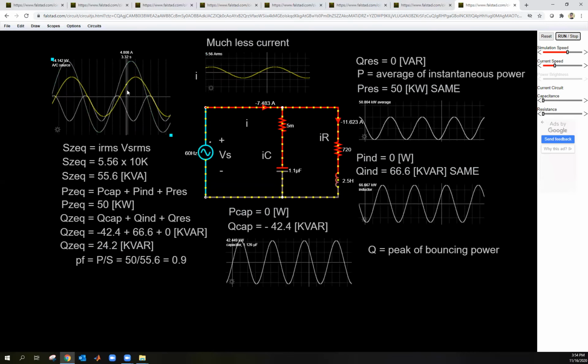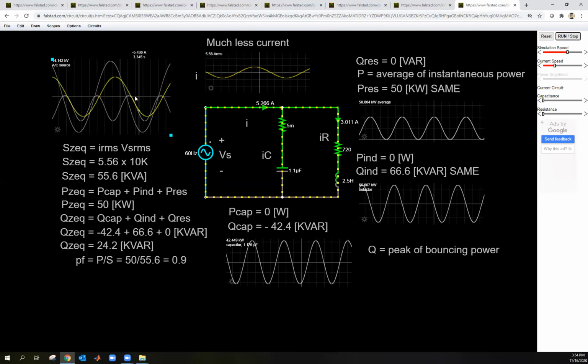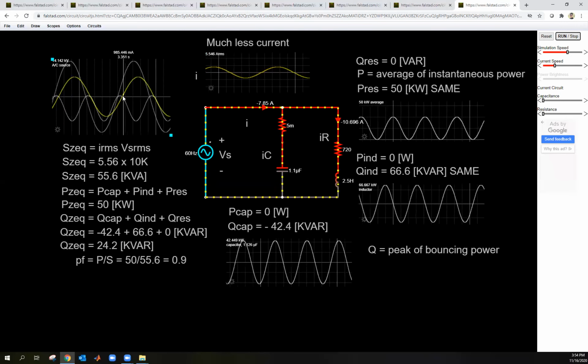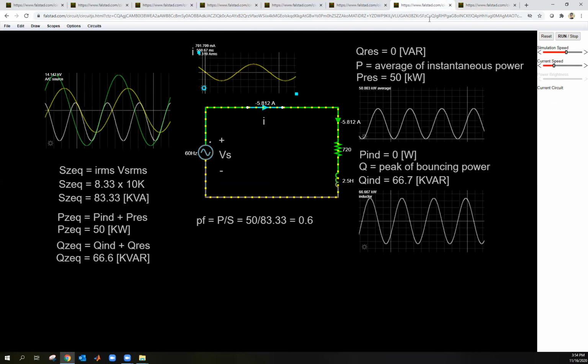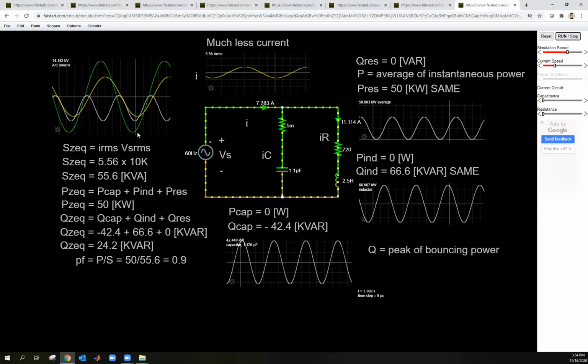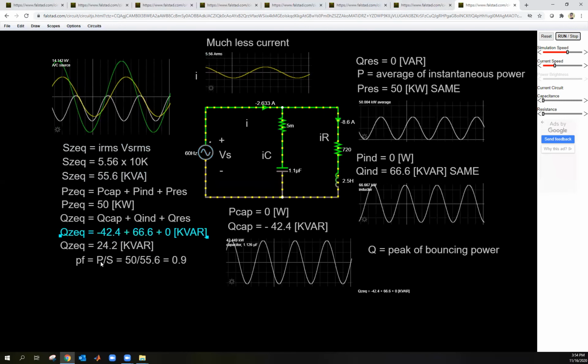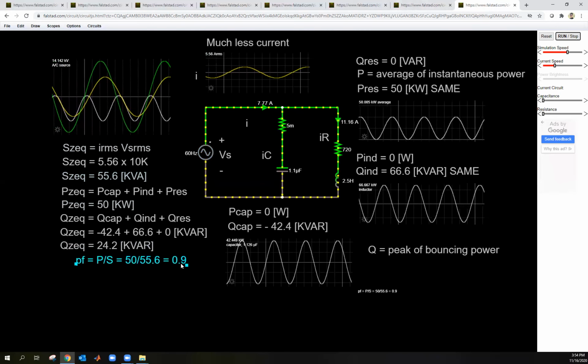And then look at the current and voltage. The current is now a little more in phase with the voltage. And look how those positive parts of the power are much decreased relative to this one. Look how much bigger the positive part is here. Okay. So I hope you can see that we're definitely getting a much better power factor, which is P over S equals 50 over 55.6 equals 0.9.